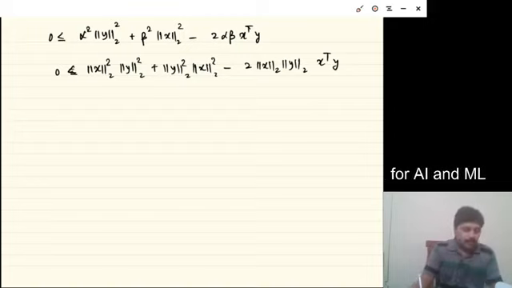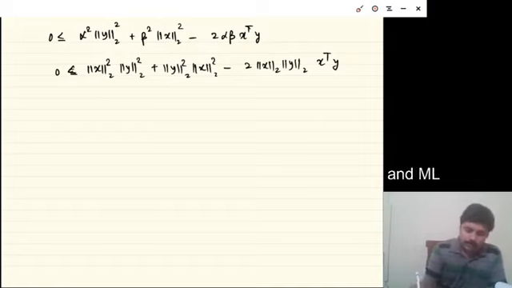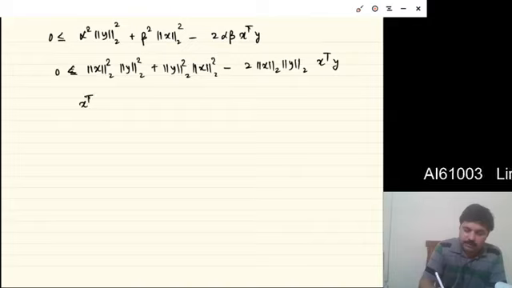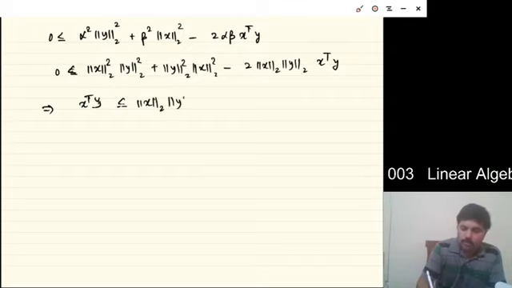So if I divide by this, and I divide by 2 as well, I will transfer this x transpose y to the left hand side. So this will tell that x transpose y is less than or equal to norm of x norm of y.